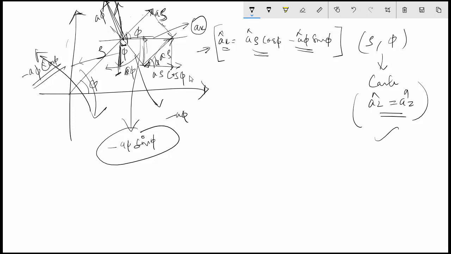It makes angle phi here, so the projections are a rho cos phi and a rho sin phi. By vector addition, putting it on top of this vector, you get the vector ax. In this way you have found ax, and similarly you can find the vector ay.